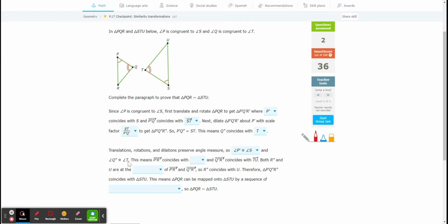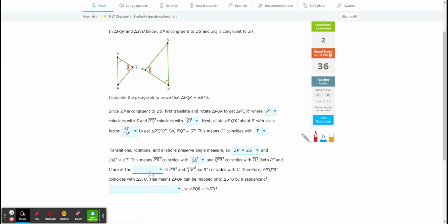And Q must be congruent to T. That means PR, notice PR, first and third, coincides with first and third here, so SU. And Q prime, Q double prime, R double prime corresponds, notice QR, last two letters, TU, last two letters.